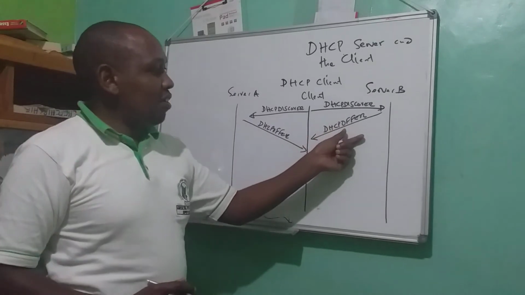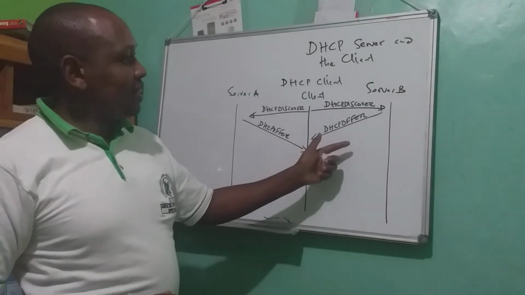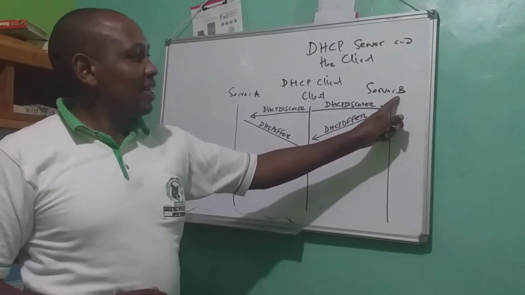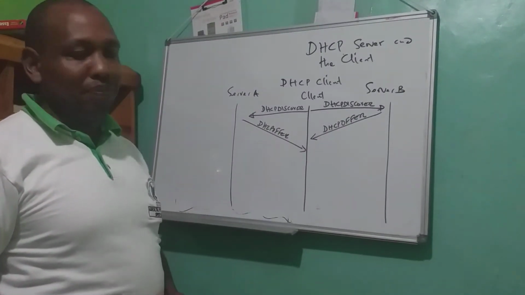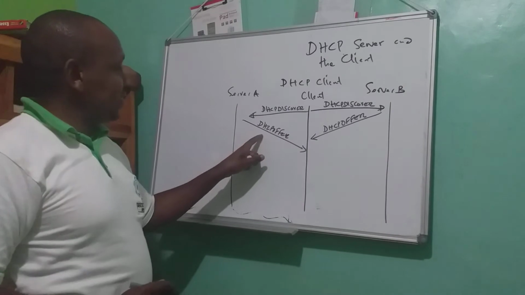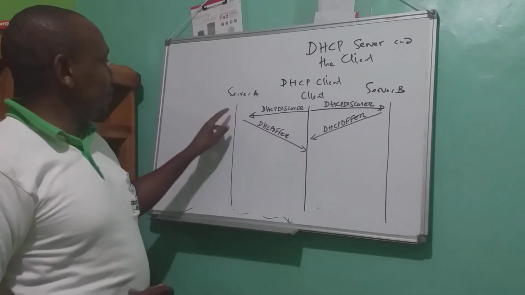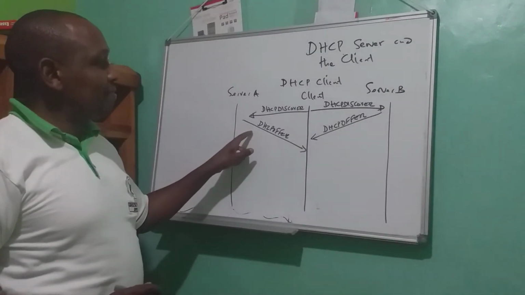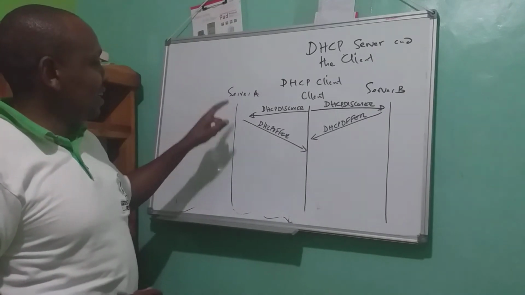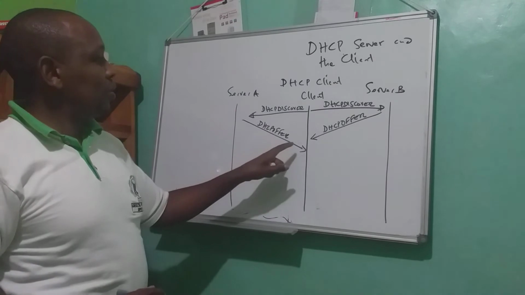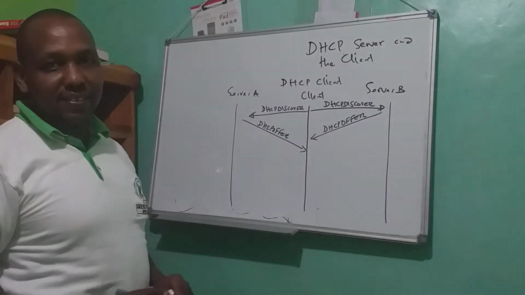This DHCP offer message has the parameters that this server intends to lease out to this client. This other message, the DHCP offer message from server A, has different parameters that server A intends to lease out to the client.